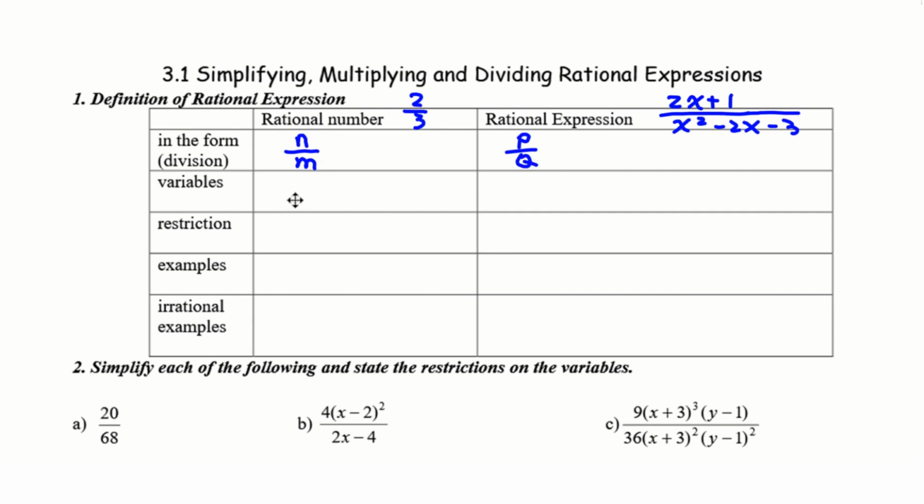The n and the m are going to be integers, so we use set notation, belongs to integers. And the rational expressions are polynomials, so P and Q are polynomials.